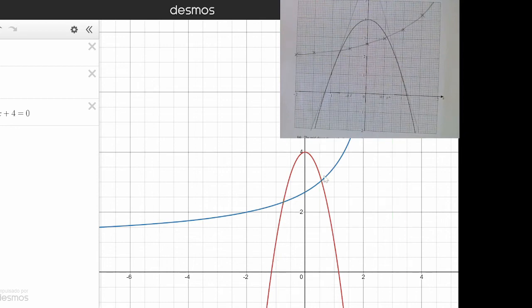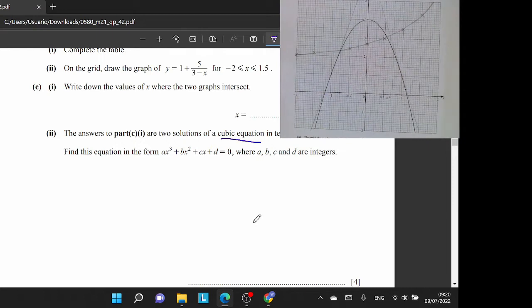Okay, now what we need to remember is where graphs intercept, that is where they are equal to each other. So getting back to our question, what we need to do here to find those 3 points, we need to set the two equations that we have equal. The first one we found was y equals 4 minus 3x squared, and the second equation they gave us, y equals 1 plus 5 over 3 minus x.